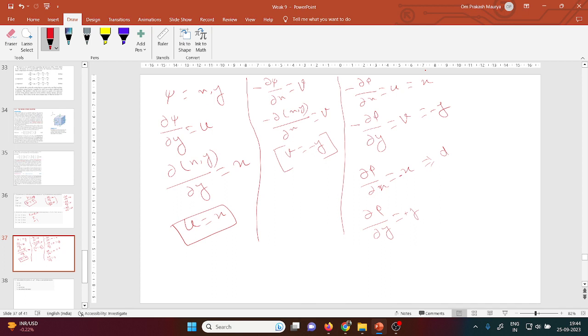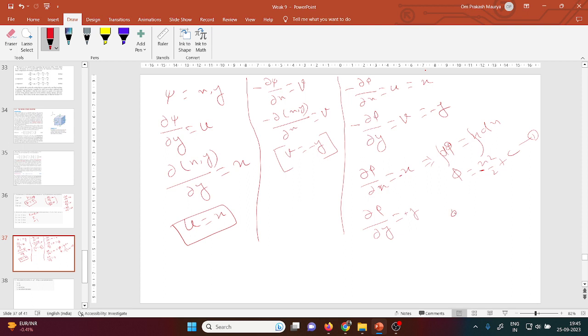You can write here d phi is equal to minus x dx. So phi is equal to minus x square by 2 plus c, equation 1. That is the minus x, so here minus thing. Now phi is equal to what?